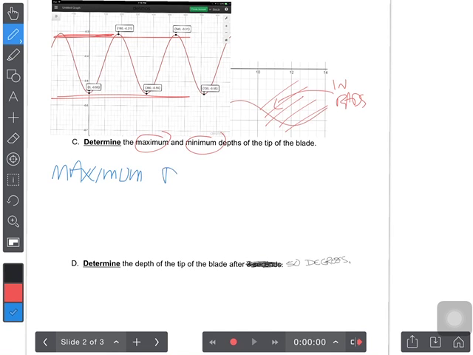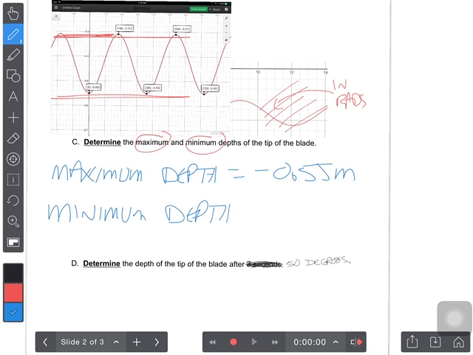And I guess maximum depth in this case is the deepest point. So maximum depth will be negative 0.55 meters. And the minimum depth, or the most shallow point, will be negative 0.31 meters. All right, so there is question C answered.